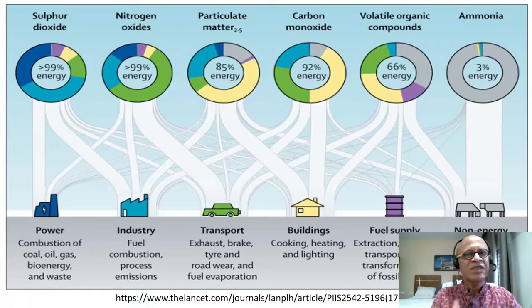So adaptation costs in terms of return on investments have to be looked at in terms of co-benefits. So that's what is going to require synergistic planning with climate adaptation and mitigation and health adaptation and mitigation, and the co-benefits to all of the systems.